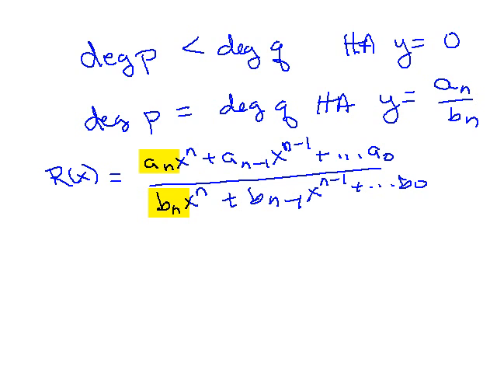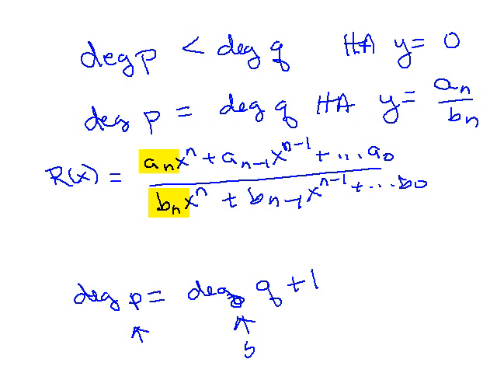And I'm going to look now at the third case, and in this third case, the degree of p is equal to the degree of q plus 1. It's just 1 greater. So if the degree, for example, of q is 5, then the degree of the numerator is 6.